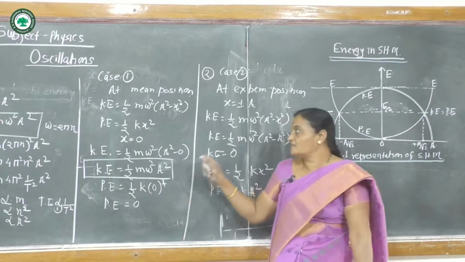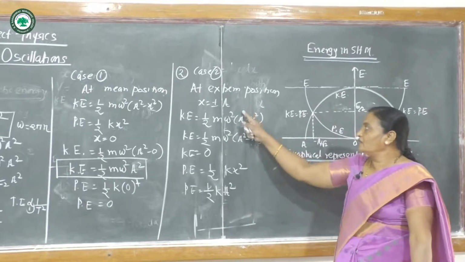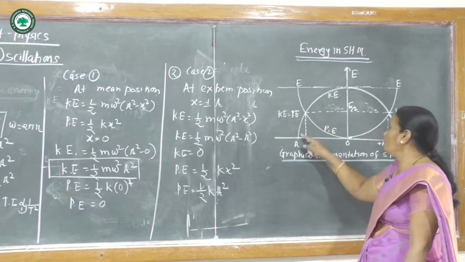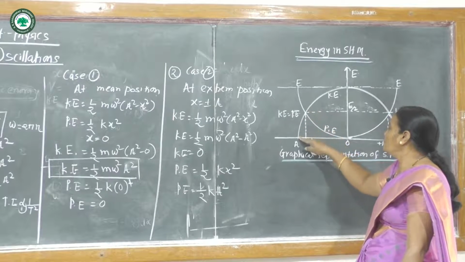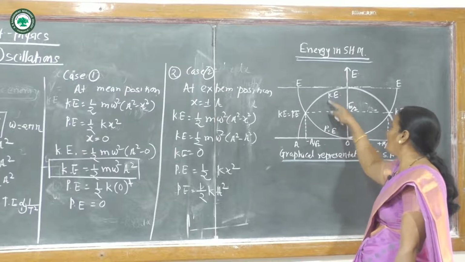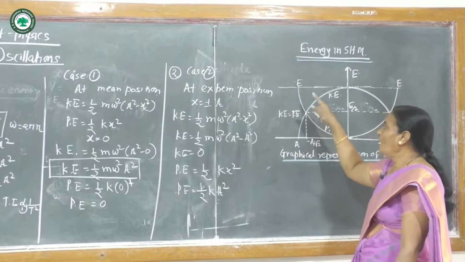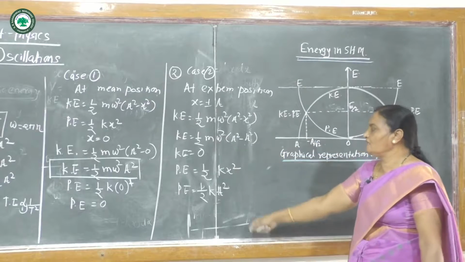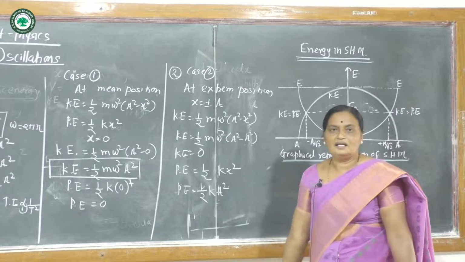Now in the second case, when the particle is at extreme position, the kinetic energy is 0 and potential energy is maximum here, and at extreme position the total energy is entirely potential.